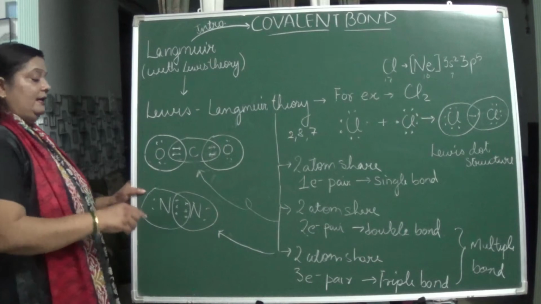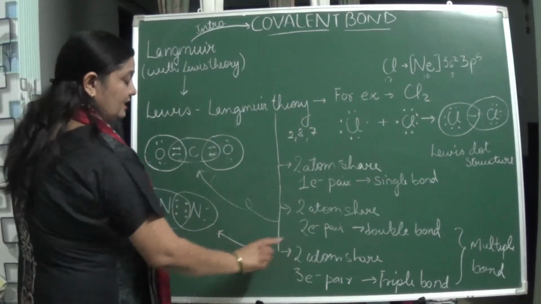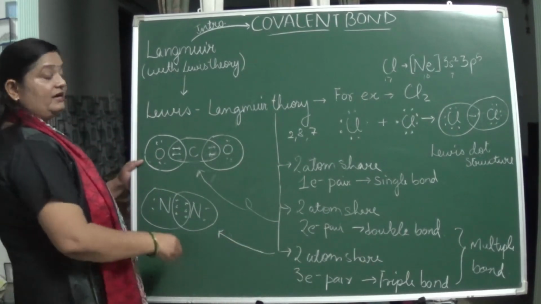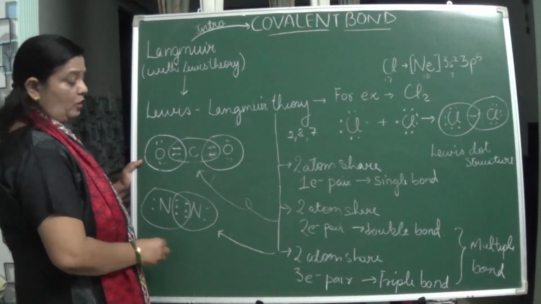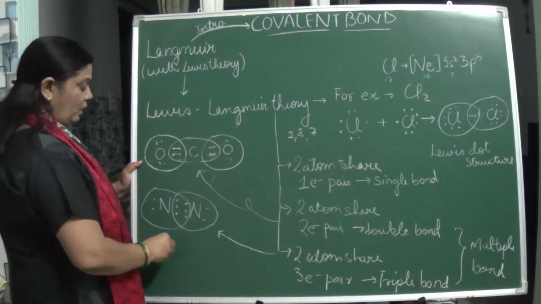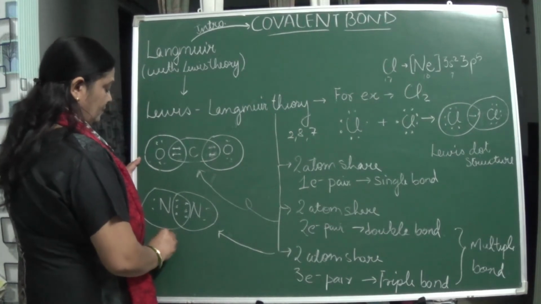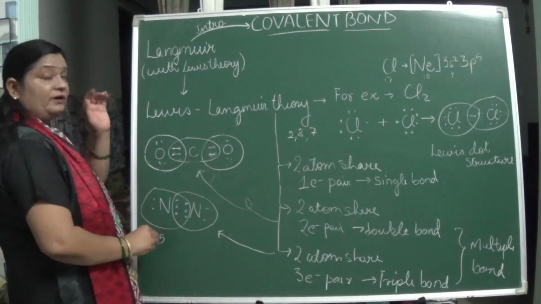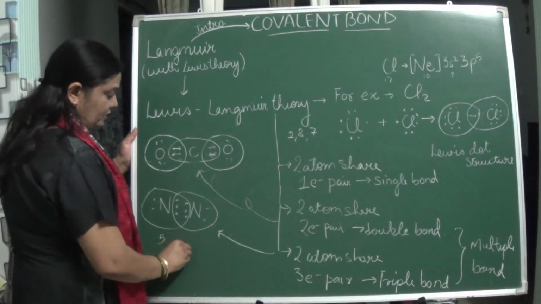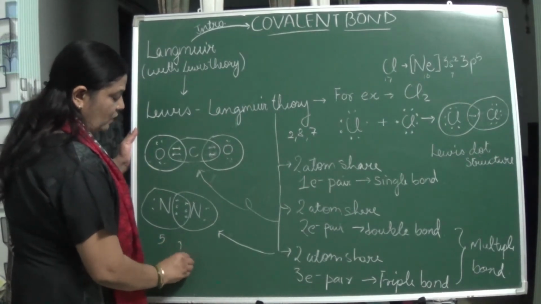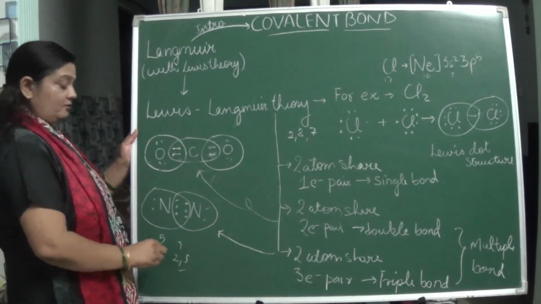Now next is when 3 pairs of electrons are shared. We can take the example of the nitrogen molecule. Nitrogen has how many in its last shell? 5 electrons, isn't it? Actually, what is the atomic number of nitrogen? It is 7. So it becomes 2 and 5. So the outermost shell has 5 electrons.